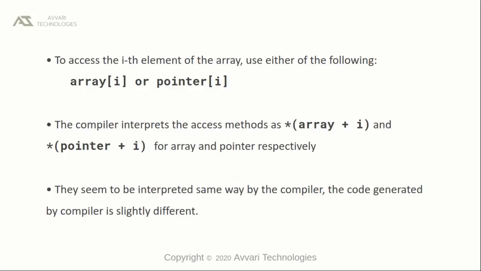Compiler interprets these two as contents of array plus offset. This is interpreted for an array, and this is interpreted for pointer. Contents of pointer plus offset, that is array index.